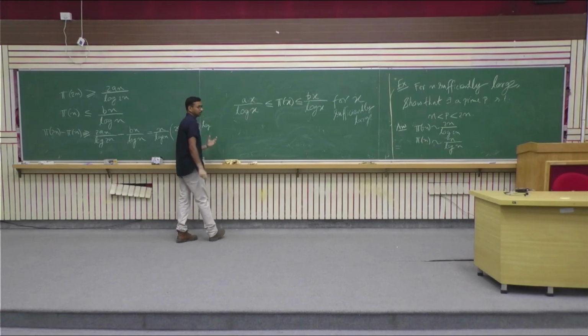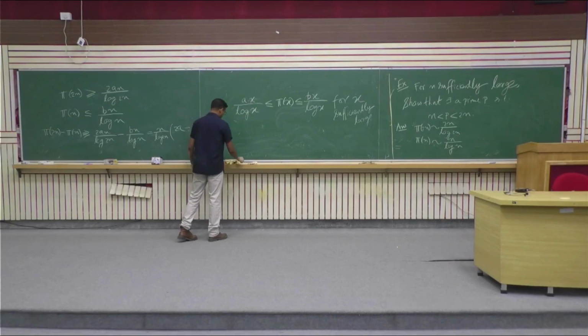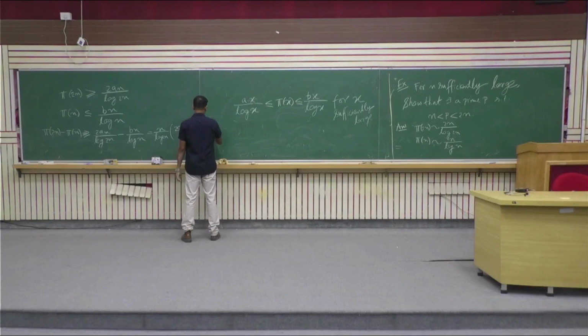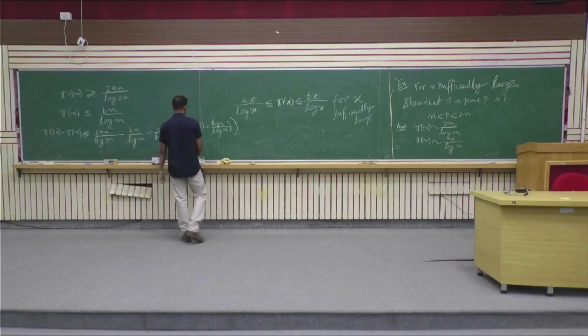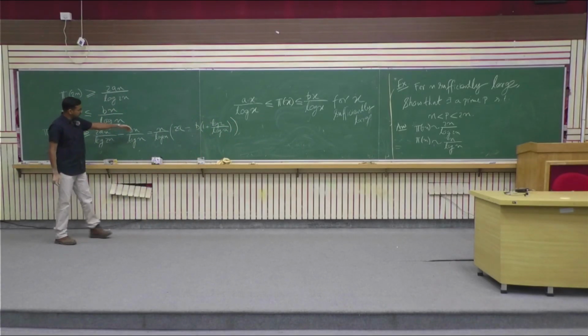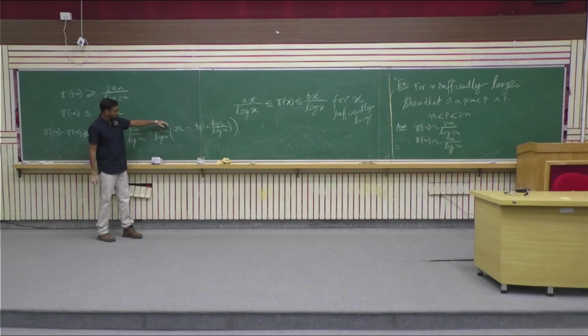And log 2n is log n plus log 2, so it will be just 1 plus log 2 by log n. This minus this is n by log 2n times 2a minus this, right?